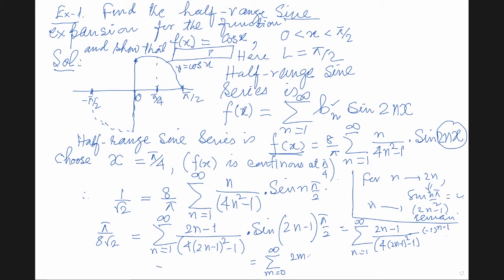I told you many times that this is also equal to 4(2m plus 1) squared minus 1, times minus 1 to the power m. From here to here, how did you come? By substitution. So this can be asked of you. Any question?